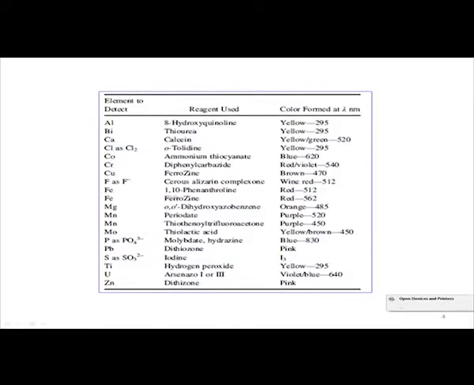The determination of this particular iron by some other reagent, because if you want to modulate the change, the reagents are different.